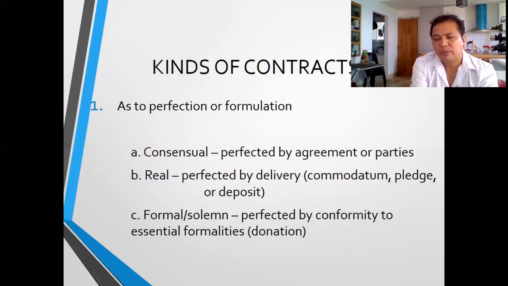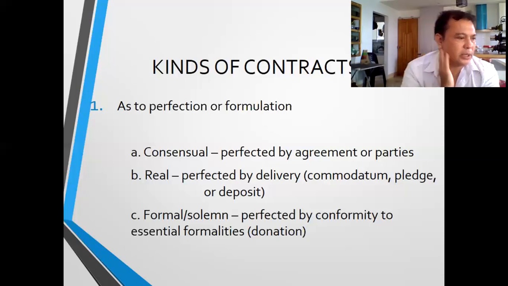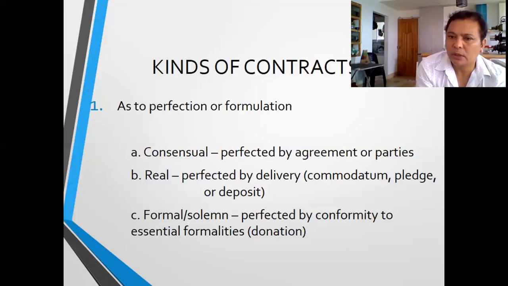Also pledge. Pledge is sangla, or pawning, going to the pawn shop, involving personal property. Actually, the pledge is a secondary contract, an accessory contract. The main thing is the contract of loan.